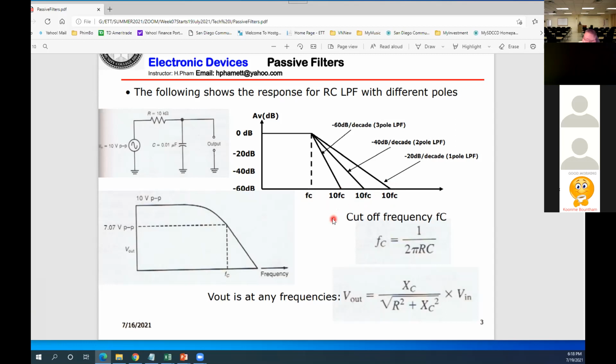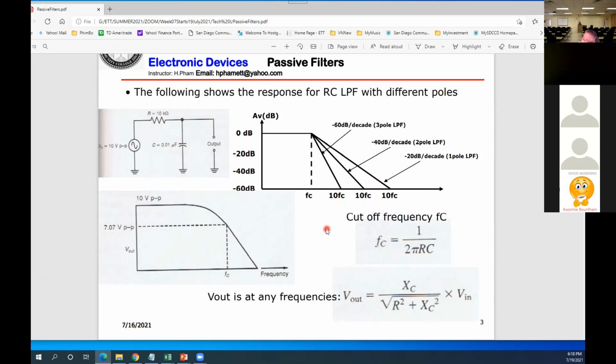What I'm saying is, I'm supposed to draw one for minus 20 dB, another one for minus 40 dB, and another one for minus 60 dB. However, I want to compare between minus 20 dB, minus 40 dB, minus 60 dB.